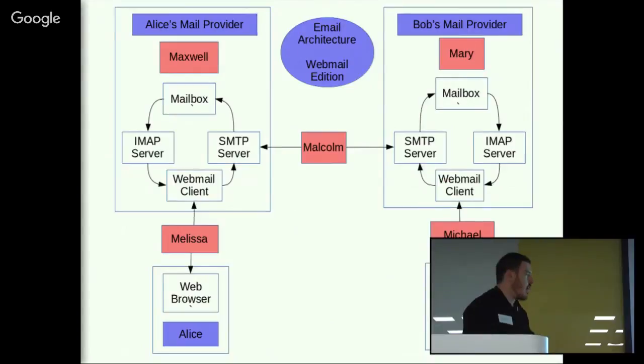I haven't quite figured out how to work this in, but basically when you're using webmail, it's the email client program, which in this case is at the mail service provider, that needs access to the keys. I haven't explained that yet. To actually do the encryption signing. Also, I haven't explained that.